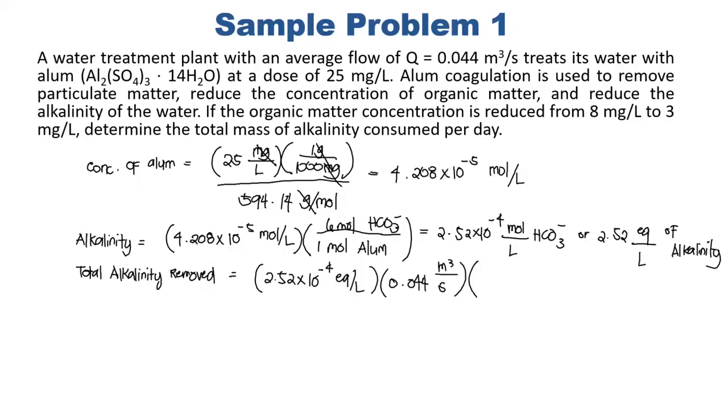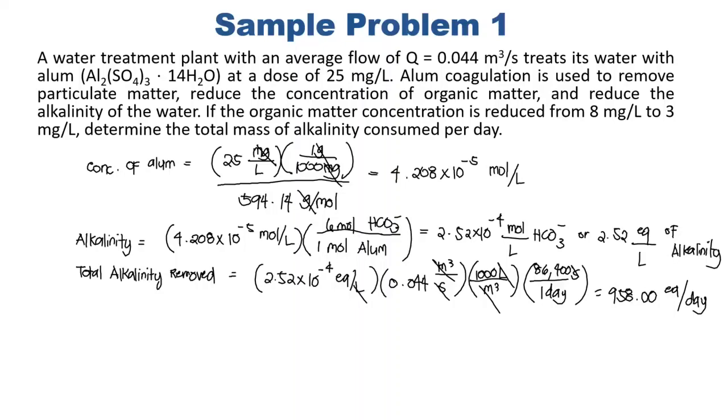Then we need to convert cubic meter into liters. So 1 cubic meter is equivalent to 1,000 liters. And we need to convert 1 day into seconds. So 1 day is equivalent to 86,400 seconds. Okay, so cancel everything here. Cancel liters, the cubic meter, the seconds. And we now have 958 equivalents per day for the total alkalinity removed.